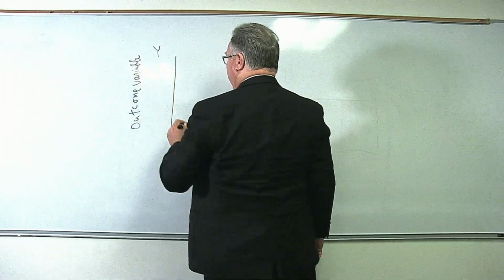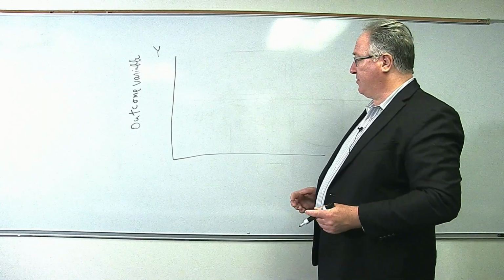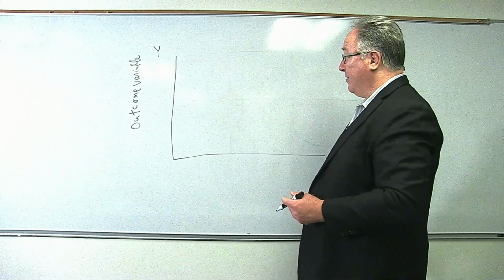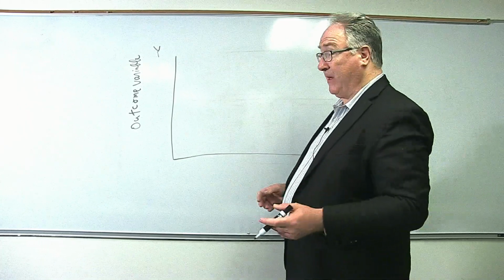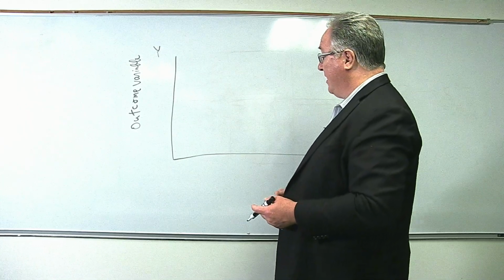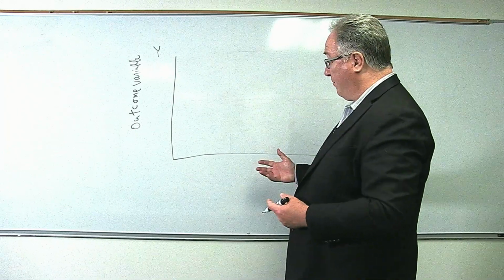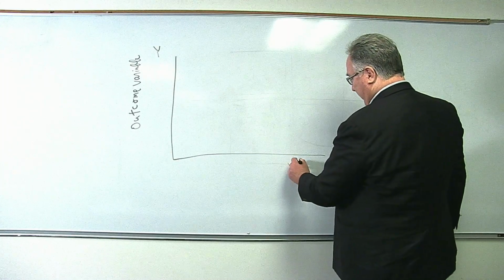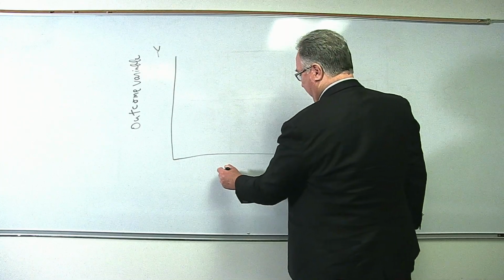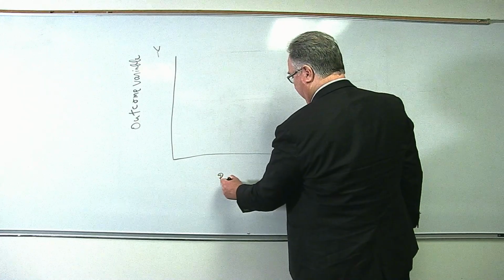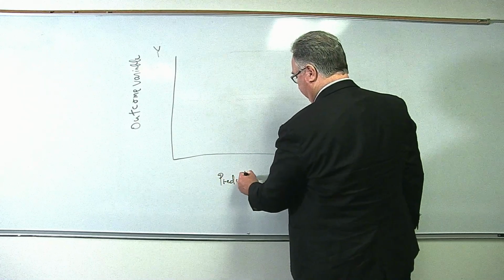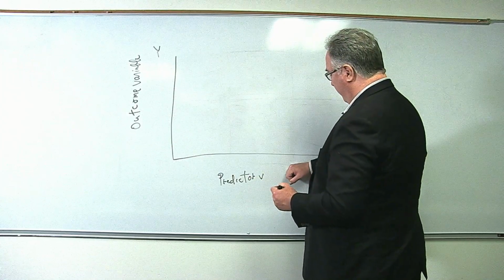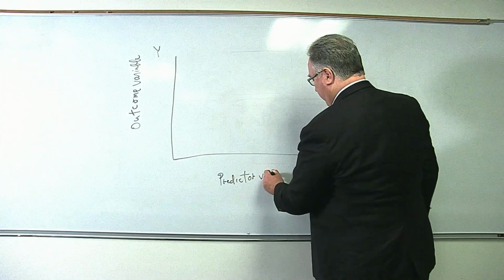And we're going to treat this in terms of a simple linear regression, so for this example about the linearity assumption, we'll just be looking at one predictor on the x-axis. So here's our x-axis, and we have a particular predictor variable on it.